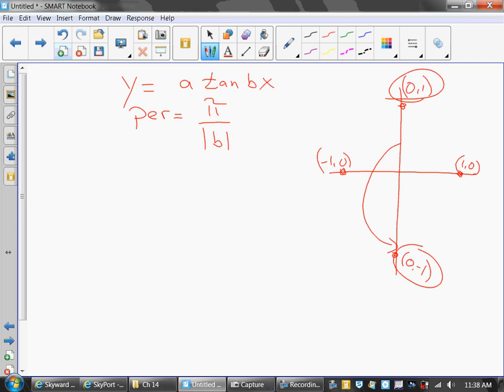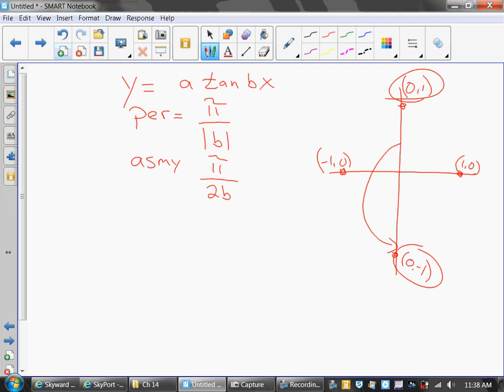That's why we get what are called asymptotes. These asymptotes occur at pi over 2b intervals. We talked a little bit about that, how you break that apart. I'll show you how this all works again, because I just want to talk a little bit about the generic and how the ordered pairs work out.